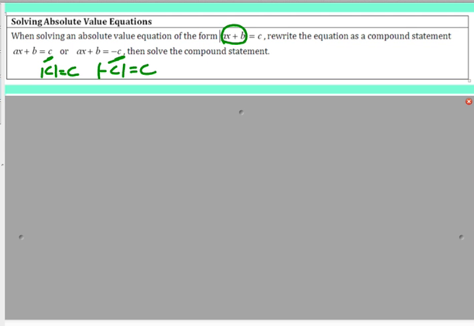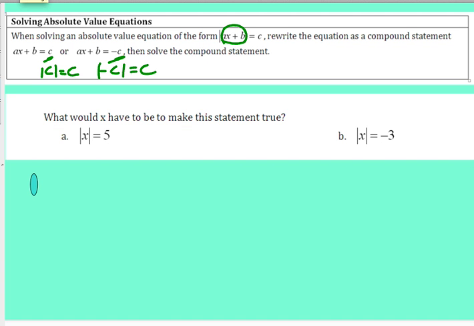Now, if that's confusing, let's try and use some numbers to try and explain it here. What would x have to be in order to make this a true statement? First of all, right here, absolute value of x equals 5. In other words, what could you plug in for x there? I'll cover it up. What number could you plug in that absolute value and make it a true statement?